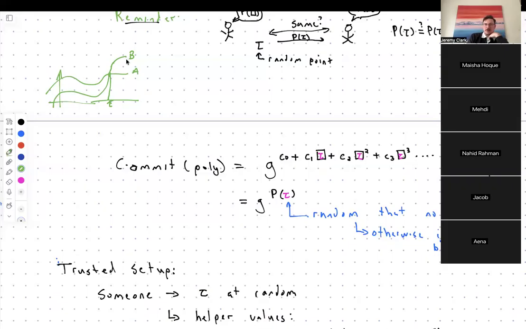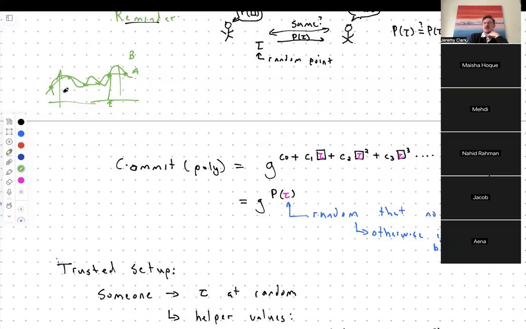I can make a polynomial B that intersects with polynomial A at a certain number of points. Okay, so I can say, I want my B to intersect at a whole bunch of points with A. And if tau happens to be at one of these points, then I can get away with lying about it. But if it doesn't, if tau is somewhere different, then the polynomial is going to be different.